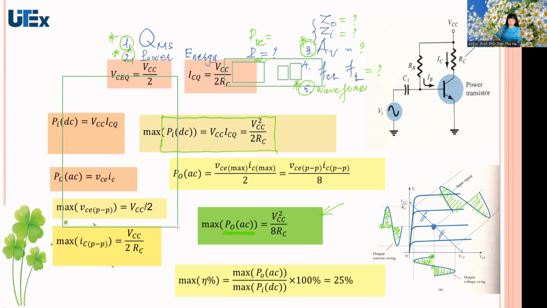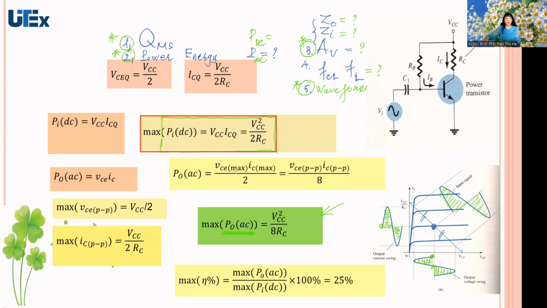Have the first very important equation. This is the equation, the input and the output voltage. This is a max. Max here they improve for you. That's why don't worry about this.